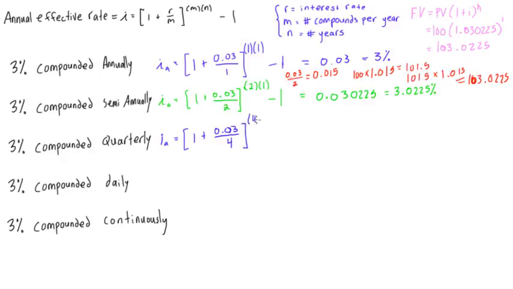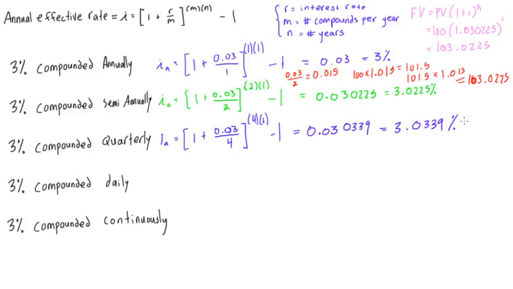Okay, so we'll have to the power of 4 times 1, minus 1, and we're going to get our annual effective rate when we compound 3% quarterly to be 0.030339. You can obviously see that this just translates to 3.0339%.